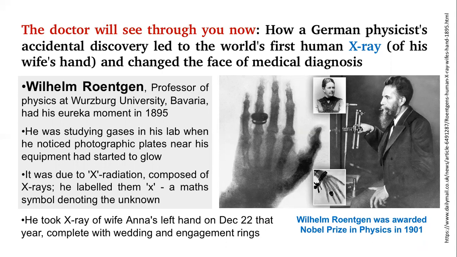Looking at what was making these photographic plates glow, he sensed that it was because of some kind of radiation getting emitted. And since he did not know what kind of radiation it was, he just named it X radiation, X standing for the unknown in maths.